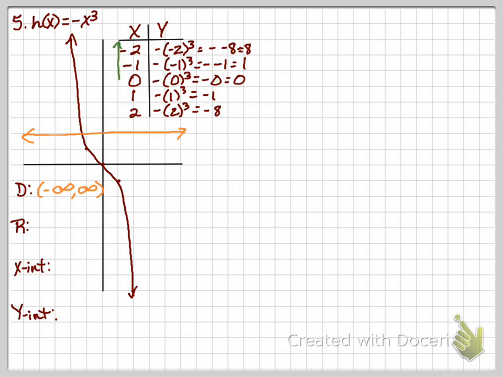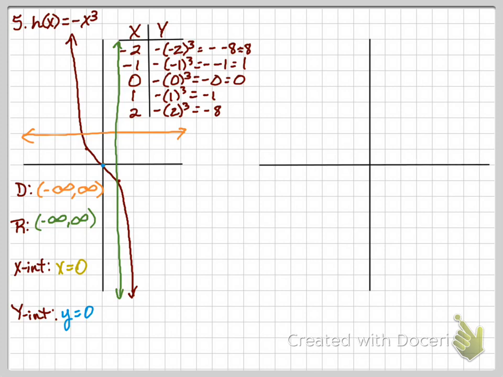As it goes out, it goes up and down all the way, so our range in this case is also all real numbers, negative infinity to infinity. In the gold, you'll see my x-intercept right there at the origin, where x equals 0. And my y-intercept is also at the origin, where y equals 0.